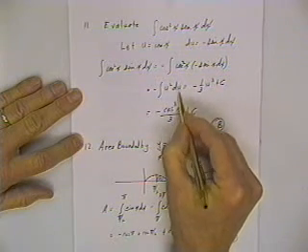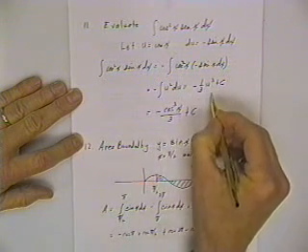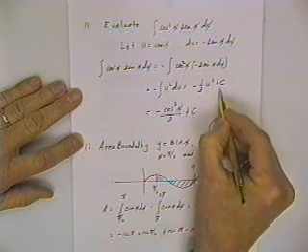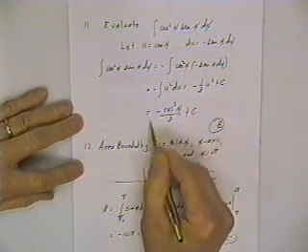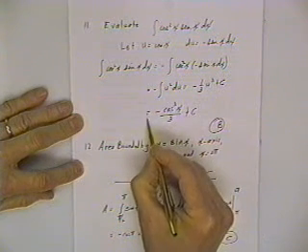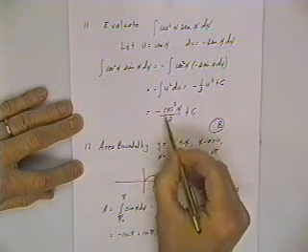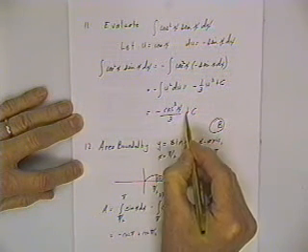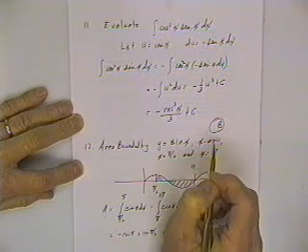Well, even Aggie profs in mechanical engineering can integrate that one. And it's minus 1/3 u to the third power plus a constant. And we end up with the integral then, substituting back here, minus cosine cubed of x over 3 plus an arbitrary constant.